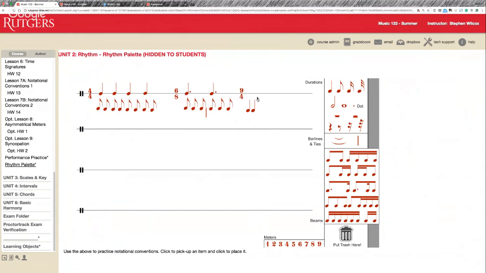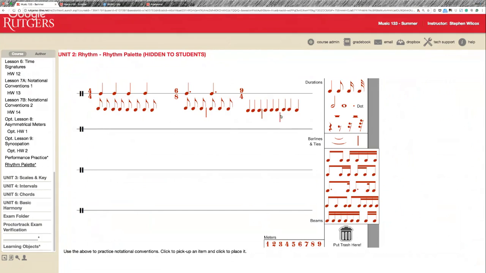If I can fit them here, I'll be impressed. Oops, don't want a half note. And if we remember, when we see a 9, we divide 9 by 3 and get 3. So this tells me this is a triple meter, which means I'm going to divide the bar into 3s.